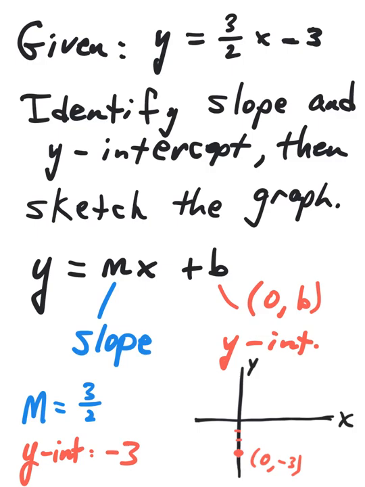A positive 3/2 says that from the y-intercept, we're going to go up 3 over 2, which will take us to the point 2, 0. And then when we connect these two dots, we have successfully sketched our graph. So plot your y-intercept first, count off your slope, up 3 over 2, plant that second point, and then connect those dots and you've got your line.